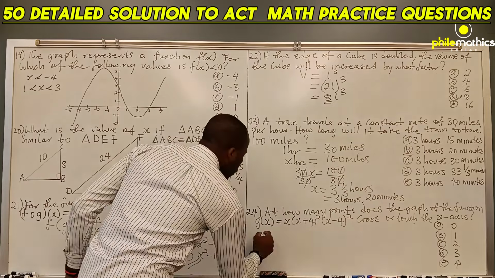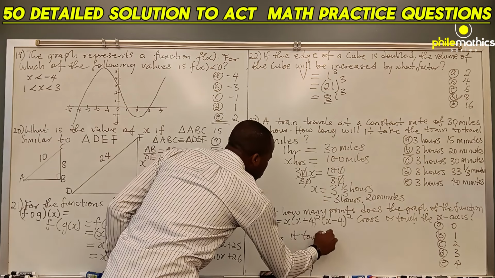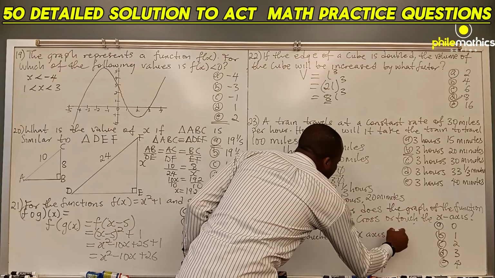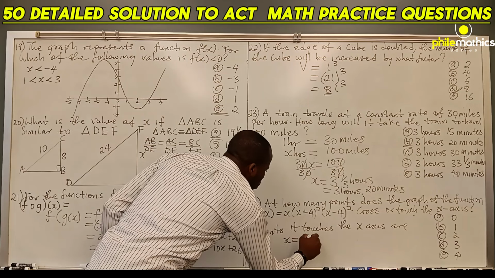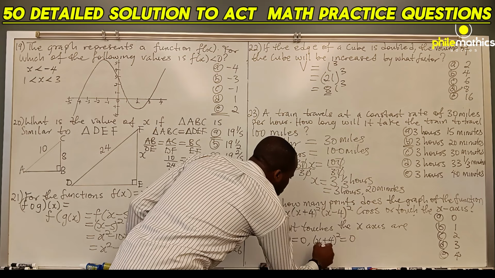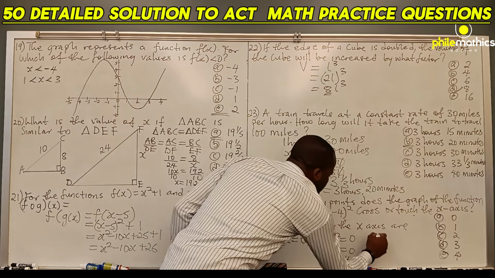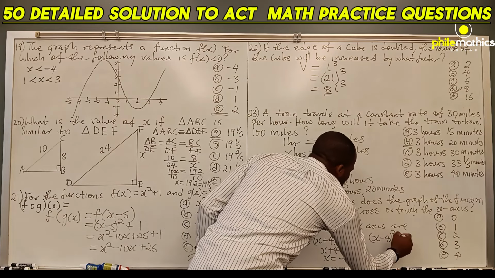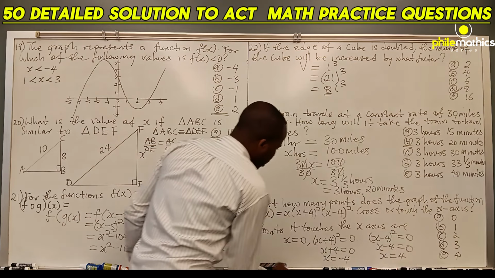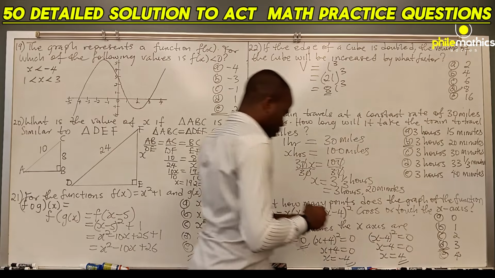So the points it touches the x-axis are x equals 0; x plus 4 squared equals 0, which is x plus 4 equals 0, which is x equals -4; and x minus 4 all squared equals 0, which is x minus 4 equals 0, which is x equals 4. So there are 3 points, 1, 2, 3, which is D.